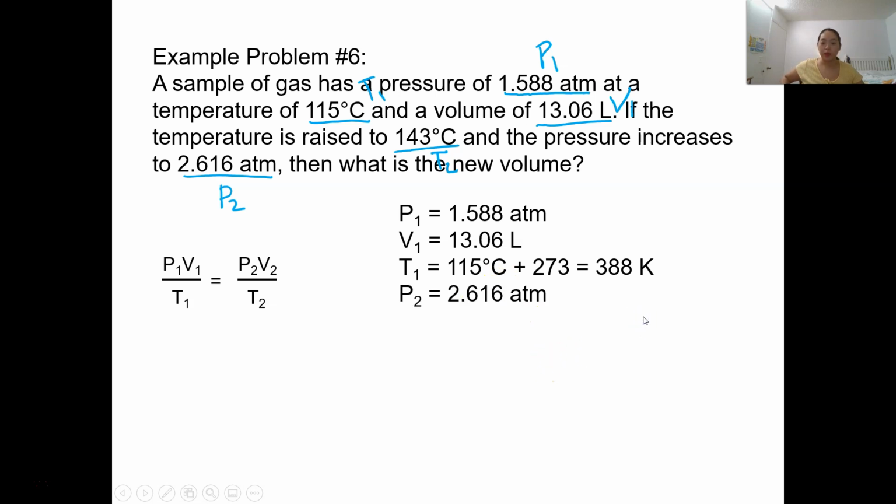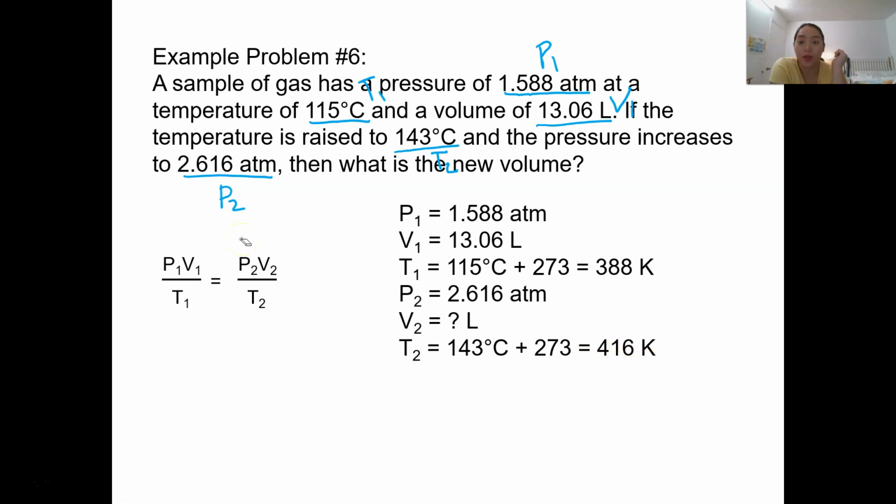And then P2 is this number right here. V2 is actually what is asked of us, so that's our missing variable. It's asking for what is the new volume, and whenever you see the word new, that is a good indication of V2, or a variable with a subscript 2. And then T2 is 143 degrees Celsius. You convert that to Kelvin, you get 416.